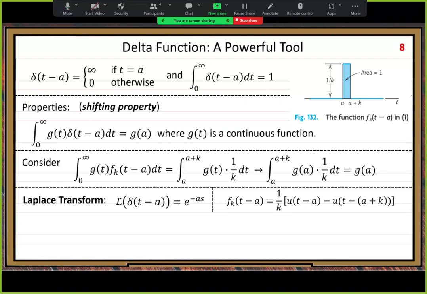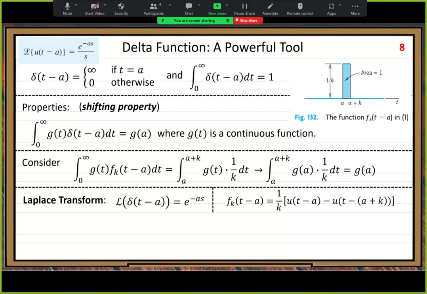Because k goes to 0, not infinity, we can calculate that limit later. First, let's apply the Laplace transform. After we get a formula, then we let k go to 0. So here we need to use the Laplace transform of the Heaviside function. Use this formula, over s.